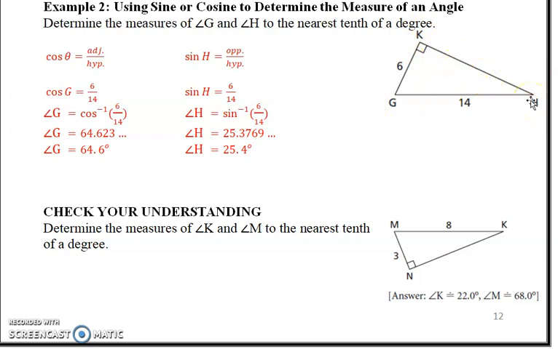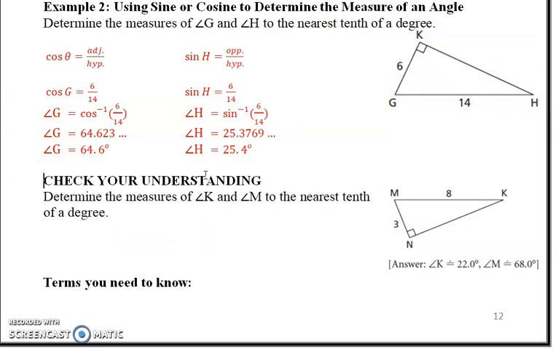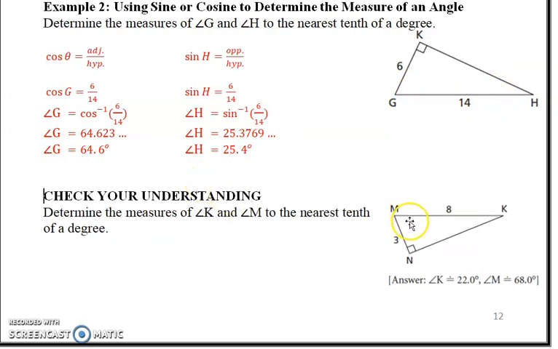It's up to you, however way you want to look at it. Remember, the 3 angles in any triangle add up to 180, or the other two angles, not including the right angle, in a right angle triangle add up to 90. Either way you want to look at it. Okay. So there's a check your understanding question.